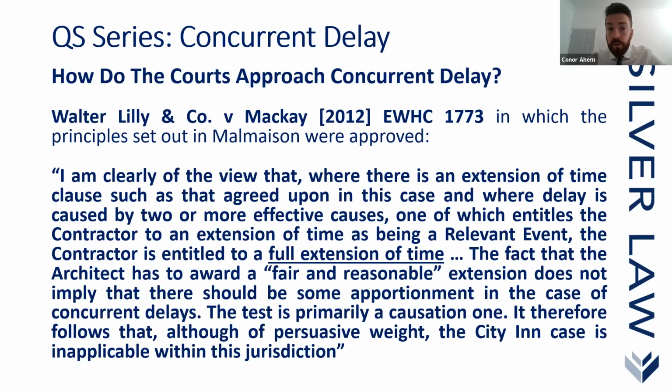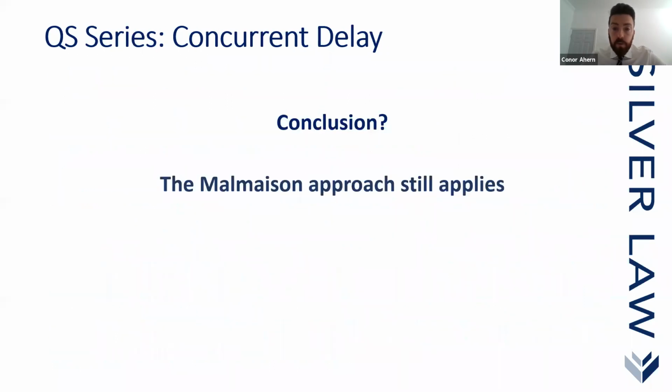So again, you can see the development of the case law in this area. There has been much debate about dominant cause, proximate cause, apportionment, various different concepts that the courts have grappled with over the last 100 years, even when it comes to concurrency.